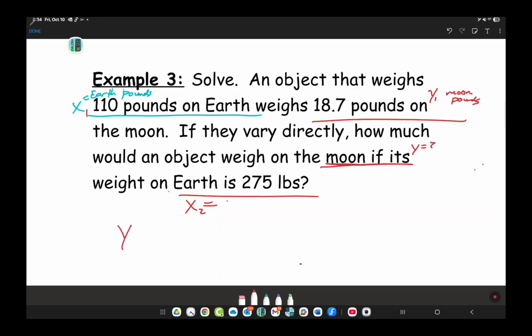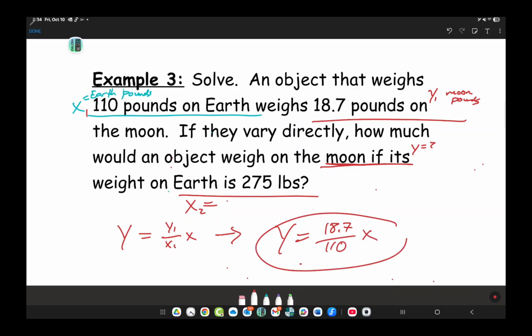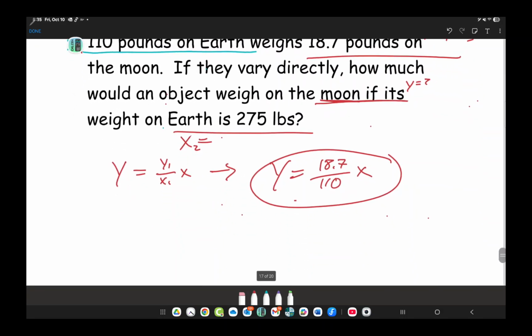So again, we have that Y. Now again, since we're trying to find Y equals Y1 over X1 times X. That case gives you Y is equal to, Y1 is 18.7 over 110 times X. And I'm just going to leave it as that because I don't want to reduce that. Okay. So to plug this in, Y is equal to 18.7 over 110 times the value to give you 275.